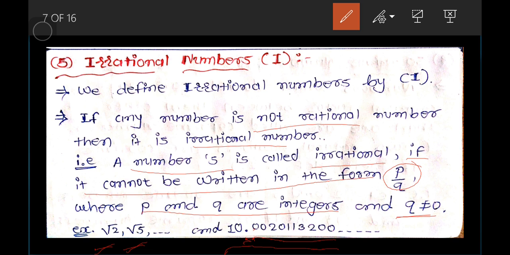If you take 0, then 0 is not repeated after its place. If you take a group like 0 0 2 0, you can see that this group is not repeated after the decimal point. In this way, if no group or number is repeated after some time, then you can say that the given number is irrational.